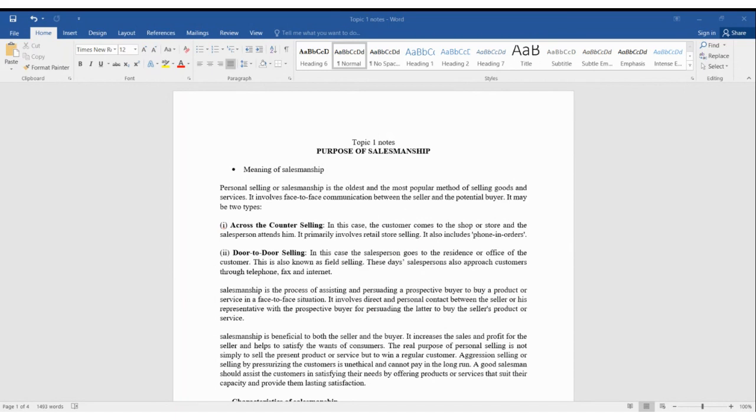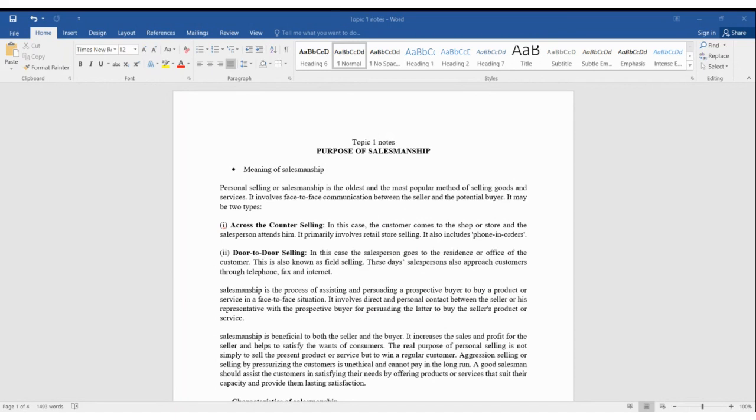What we mean is that there must be a face-to-face interaction for it to be acknowledged as salesmanship. That is personal selling, the two interacting together. We can see that it's a very popular method of selling goods. And of course, face-to-face communication is an essential part of it.